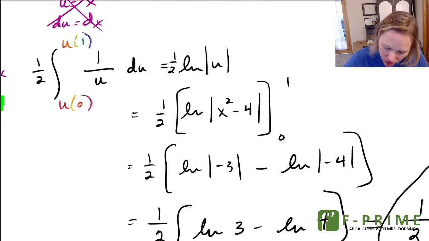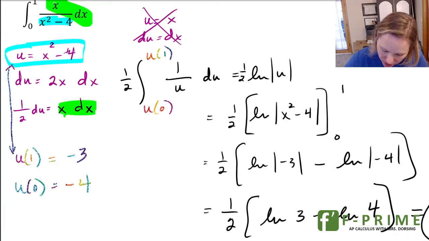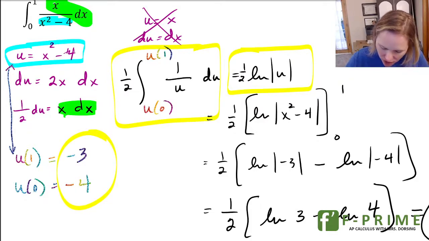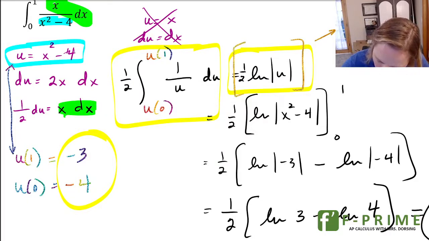If I took and evaluated this function here with u in it, and I used negative 3 and negative 4, I would get the same answer as I ended with. And here, just to prove it to you, I'll show you, it would turn into this. It would be 1/2, and we'll go ahead and put our box.